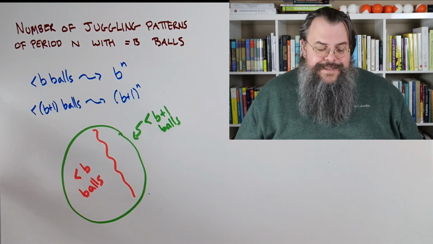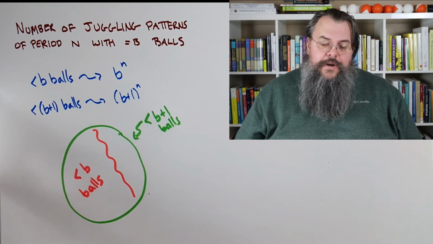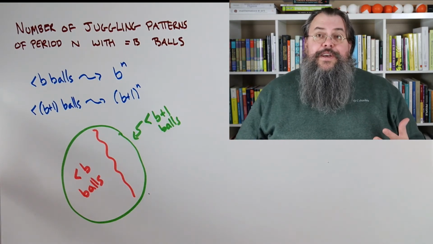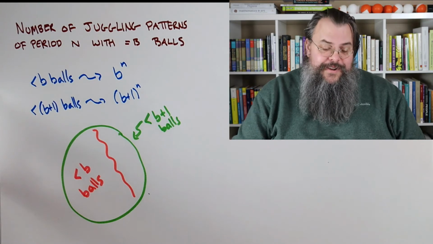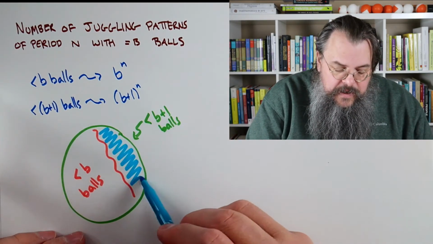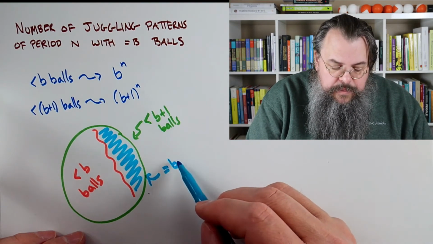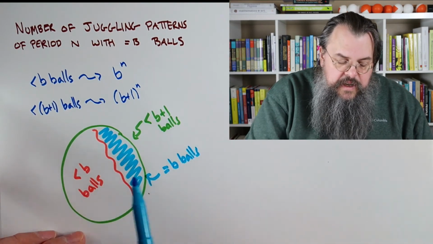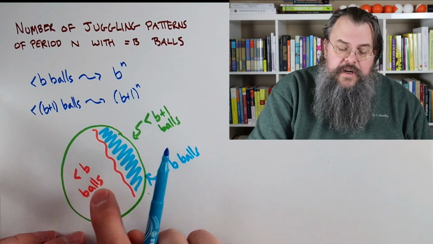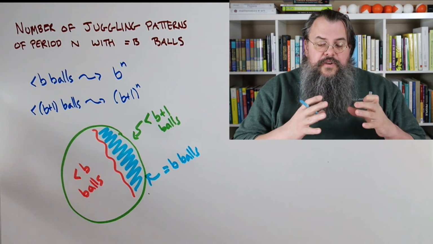Now, what are we interested in? We said, look, we want exactly b. Where does that fall? It falls in between. So this little difference has exactly b balls because it's not less than b, but it is less than b plus 1. And so we say, well, that's great.